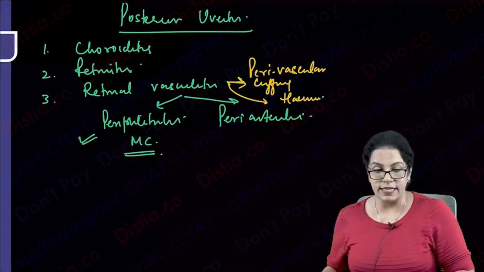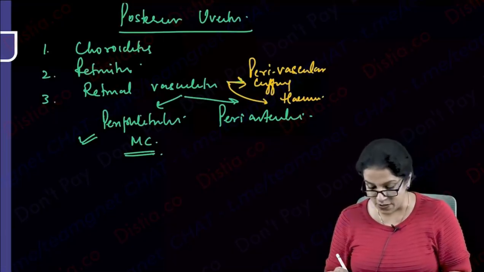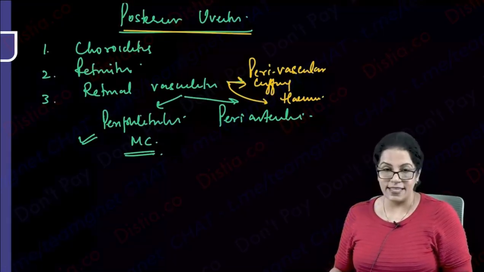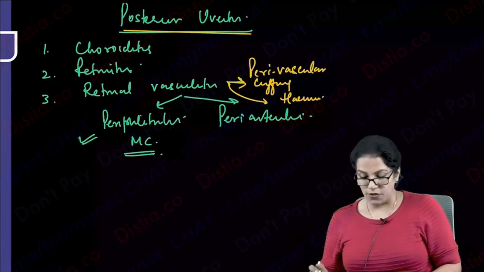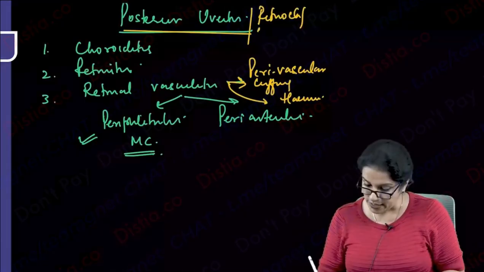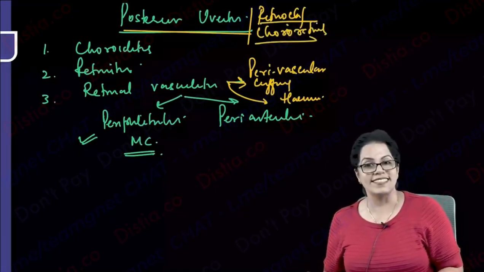So whenever there is retinal or choroid involvement and retinal vasculitis, this is what constitutes your posterior uveitis. Done. Now this was also called retinochoroiditis or chorioretinitis. Let us be very clear that we are here talking about posterior uveitis.